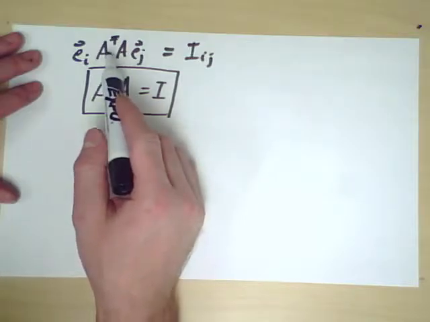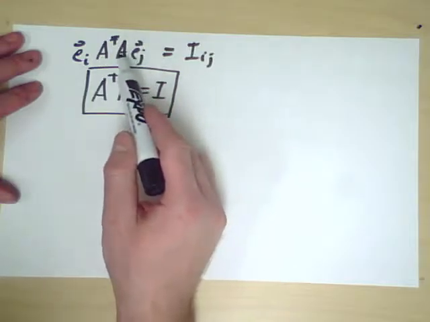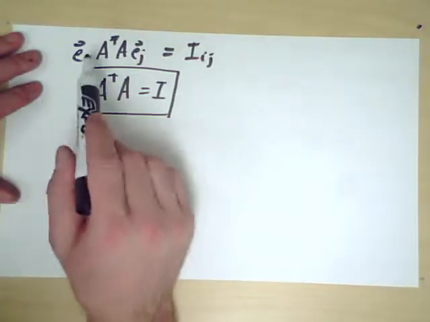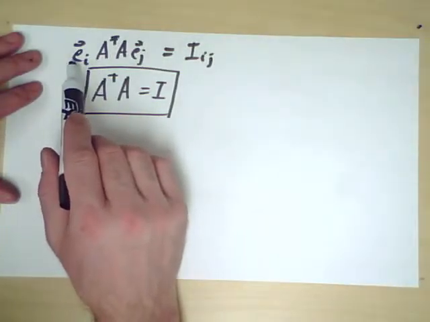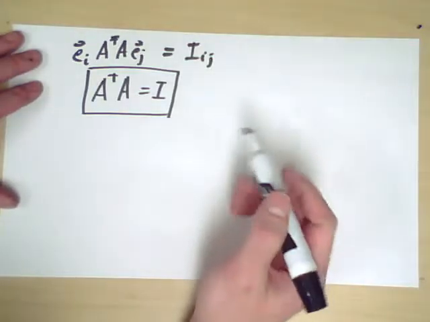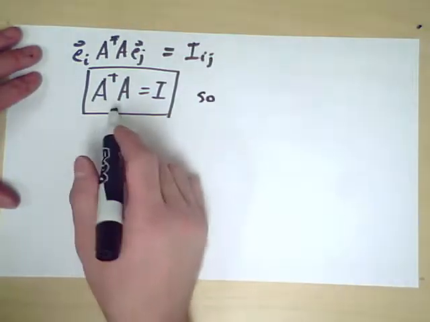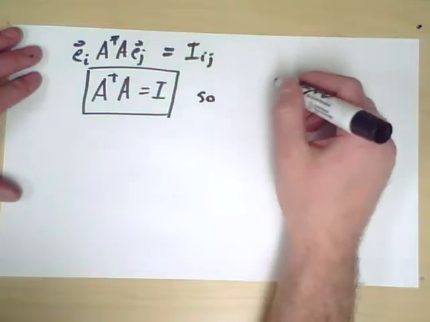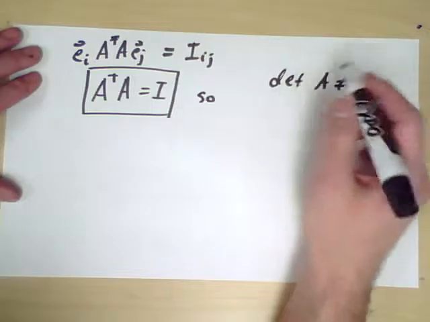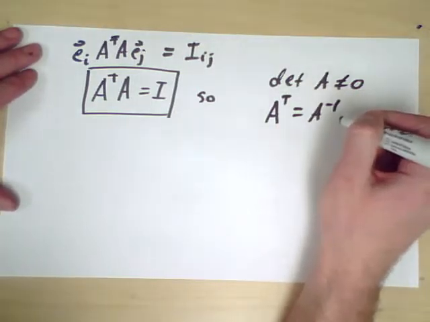If you say take the KL entry of A transpose and the LM entry of A and expand this entire sum using all those indices, you can see that by picking out the ijth entry here, you're getting A transpose A as the identity matrix. Therefore, since determinant of A is non-zero, and we already know that A has an inverse, it must be that A transpose is A inverse.